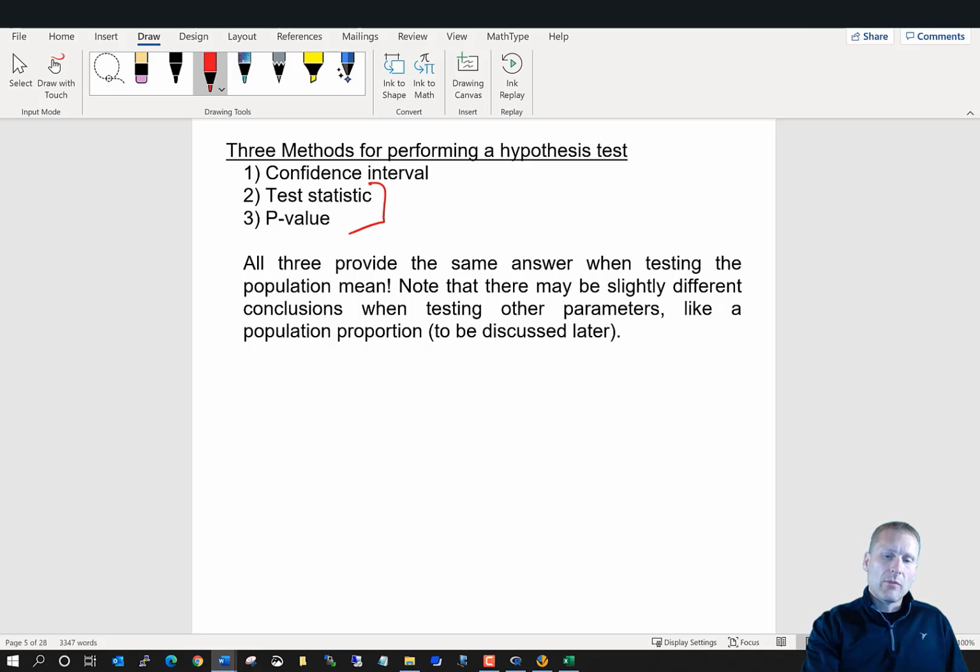So these 2 methods are very close in similarity to one another. Note that for doing inferences about a population mean, all 3 of these methods will give you exactly the same result in terms of reject H0 or don't reject H0. Just how they go about doing it is a little bit different.